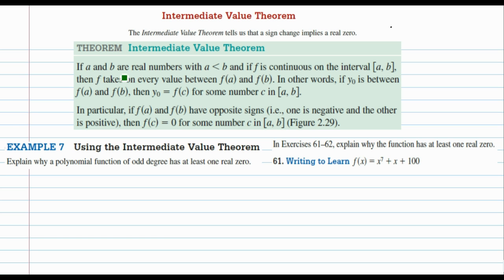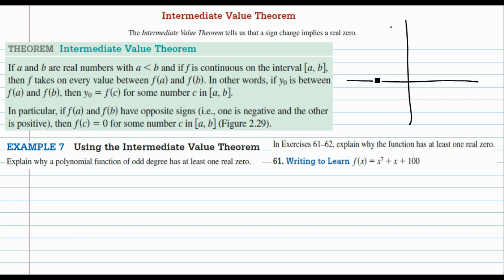So this is a lot of reading. If a and b are real numbers, so two numbers on the x-axis, where a is less than b, so a is to the left of b, and if f is continuous, so we have a continuous function. So far we've got some value a and some value b.